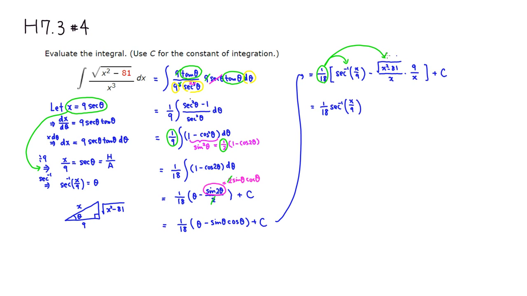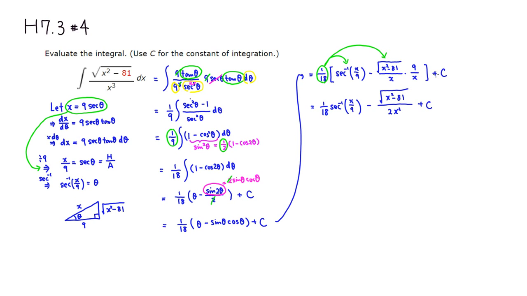Then the 9 and the 18 cancel out, so you're going to have a 2 left on the bottom, along with x squared. Then you have the square root of x squared minus 81 plus some constant c.